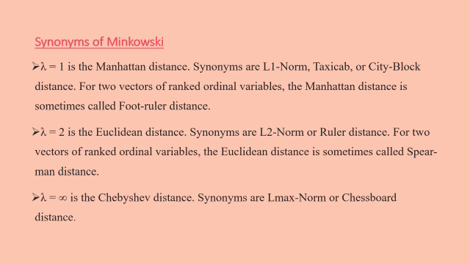If the value of lambda is 2, it is the Euclidean distance. Synonyms are L2 norm or ruler distance. For two vectors of ranked ordinal variables, the Euclidean distance is sometimes called Spearman distance. If the value of lambda is infinity, it is called Chebyshev distance. Synonyms are L-max norm or chessboard distance.